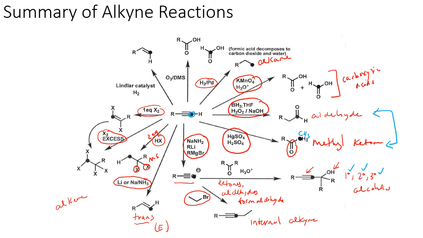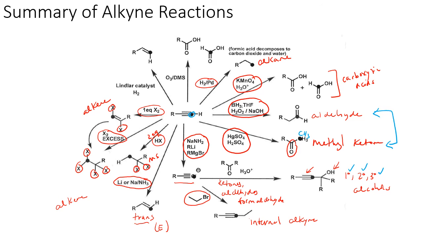If you have excess, you're going to end up with 4 halogens added, two on the more substituted side, 2 on the least substituted side, so you get a tetrahalogenated product. If you only use one equivalent, you're going to get an alkene, and you're going to have a halogen added to each side of the double bond.